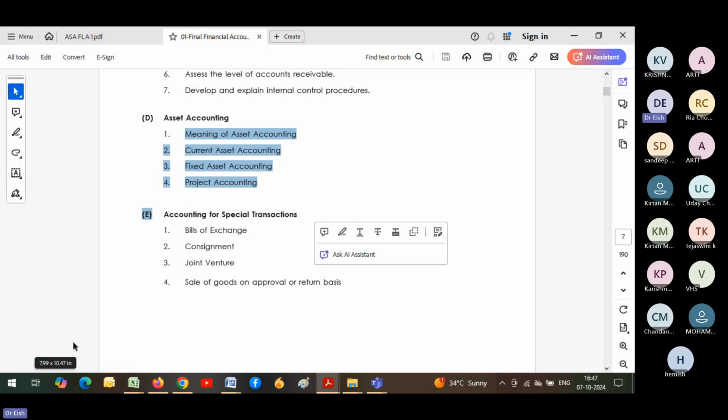Then is consignment. In consignment, the goods are delivered to the consignee. The consignor is the one who sends the goods. For example, I send the goods to Madras on consignment. There are three methods of booking the consignment. He accounts for it under consignment accounting, and he takes commission on it.